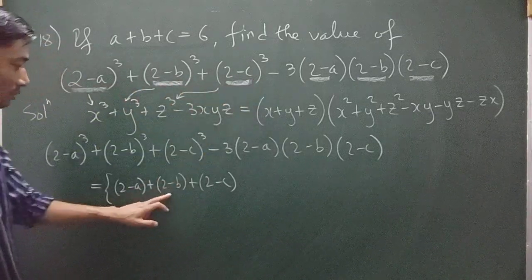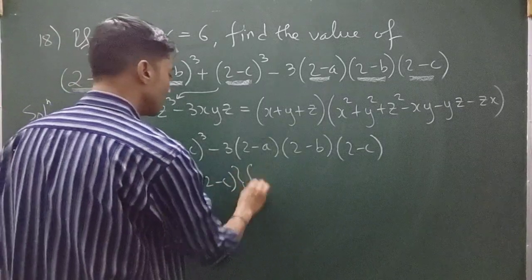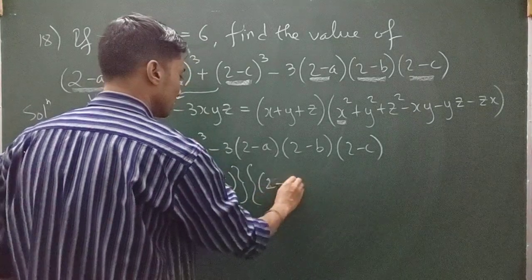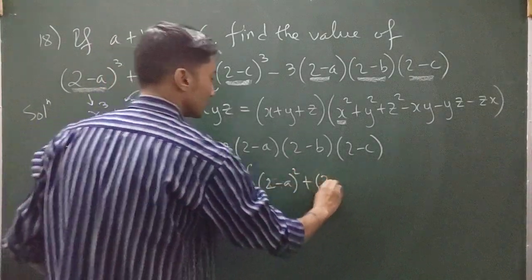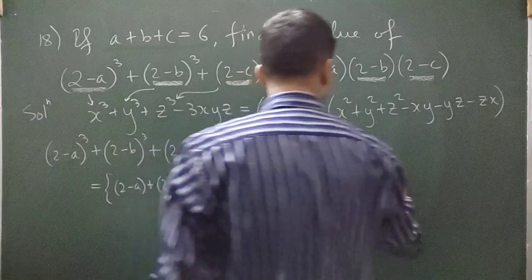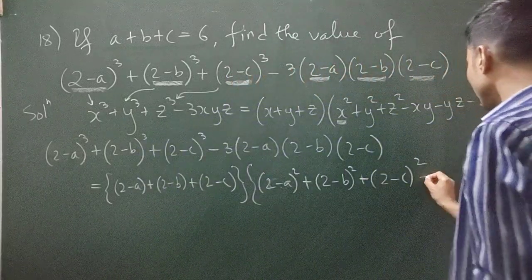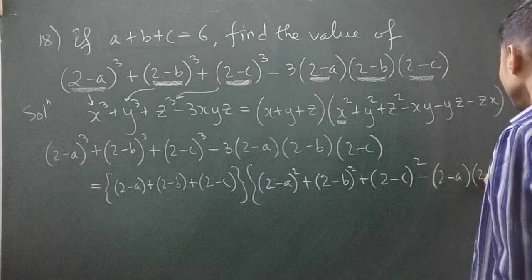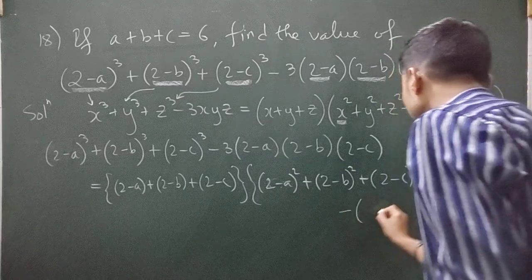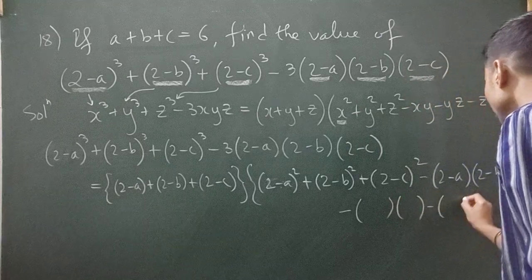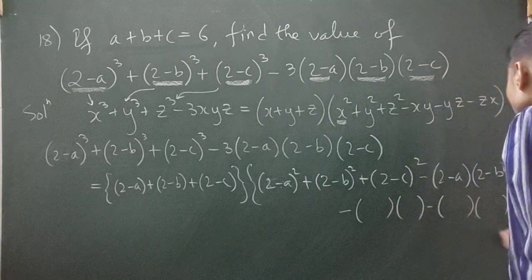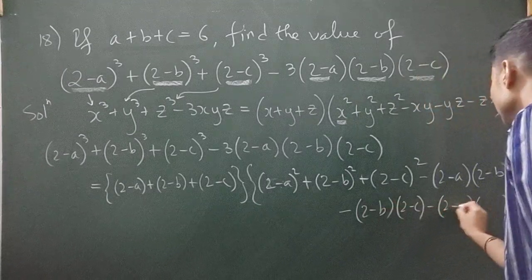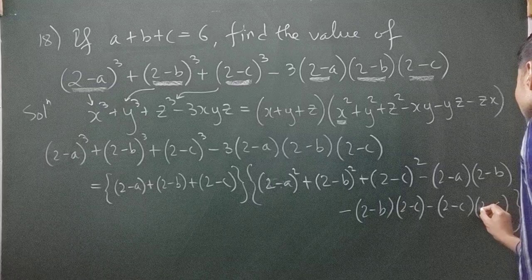So it's going to be (x plus y plus z) into (x square plus y square plus z square minus x into y, that is (2 minus a)(2 minus b), minus y into z, (2 minus b)(2 minus c), minus z into x, (2 minus c)(2 minus a)).